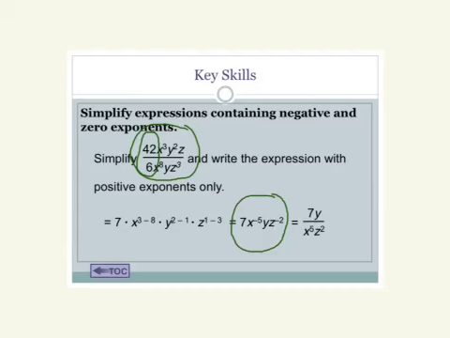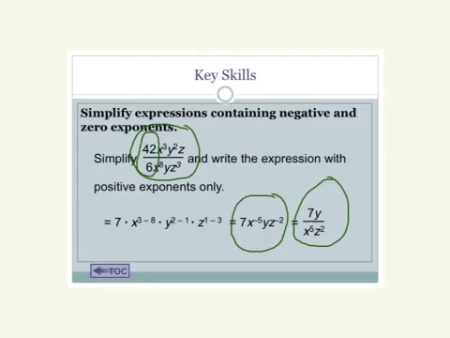And by our definition of an exponent, when we change heights with the variable, it's going to change the sign of your exponent. So negative 5 and negative 2, when they get sent to the basement or the denominator, are going to change signs and become x to the 5th and z squared. So that would then be your final answer.